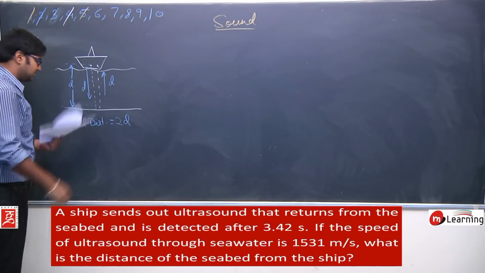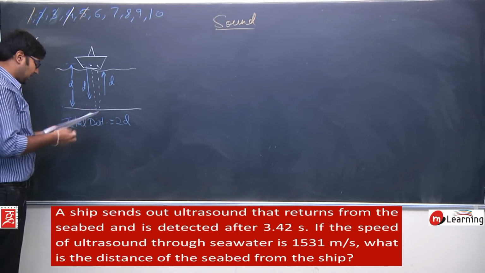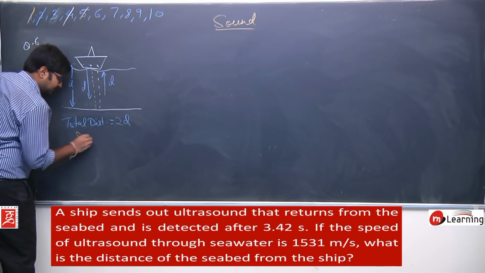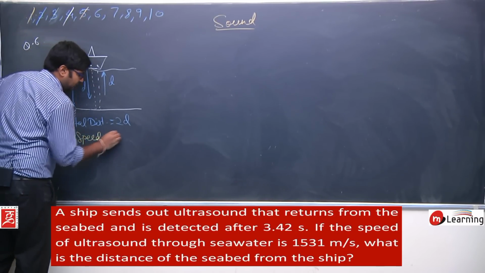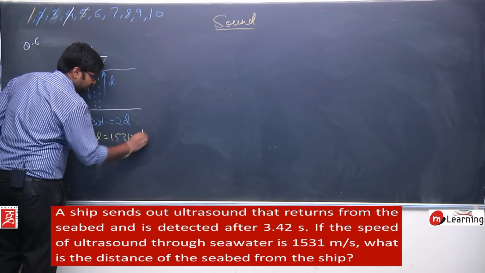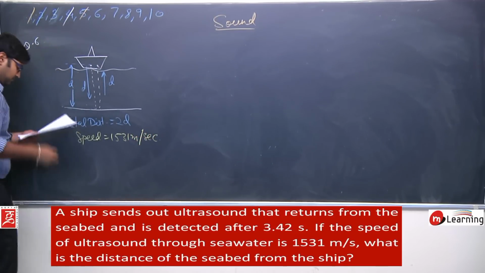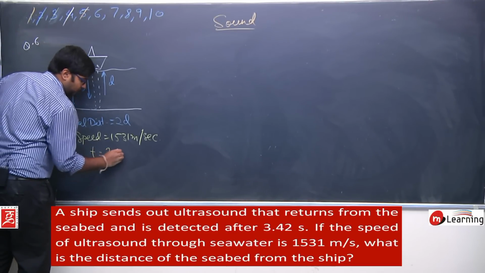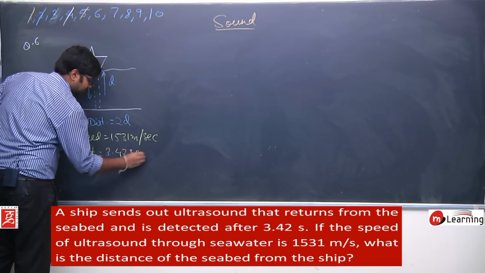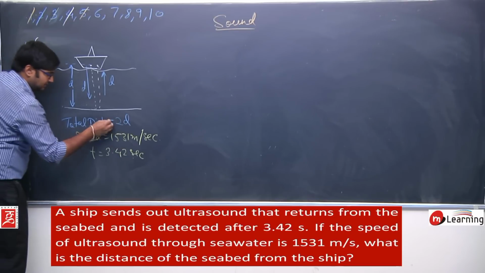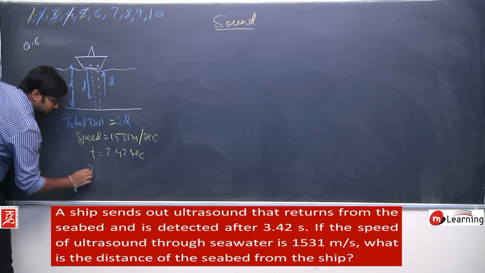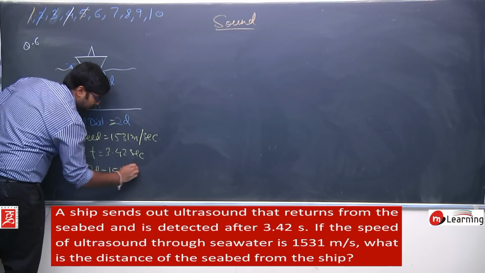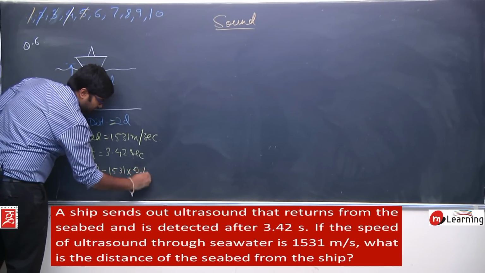This is the distance travelled by the sound, and the speed of the sound is given as 1531 meters per second and the time of detection is 3.42 seconds. So we can write that distance equals speed into time, that is 2d equals 1531 into 3.42.